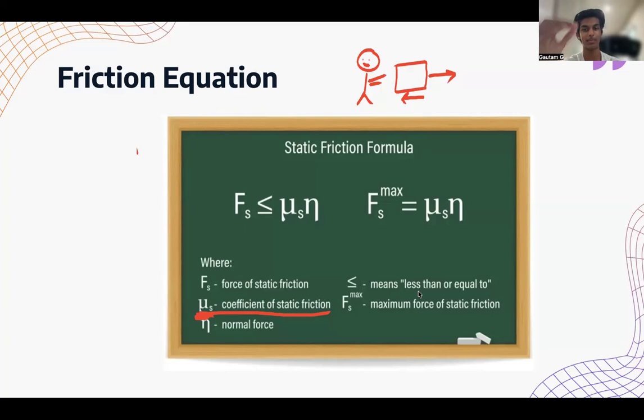Ethan, do you have a better way to explain it in chat? While Ethan's explaining in chat, I'll move on from this slide because I'll have it posted on the Google Classroom for you guys to see. But for right now, let's just skip it because this is a bit too much.